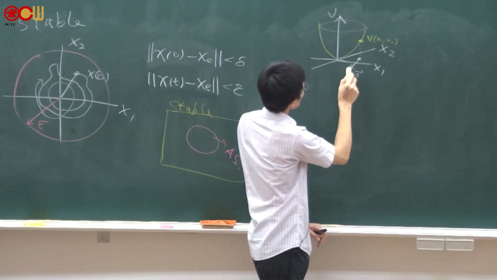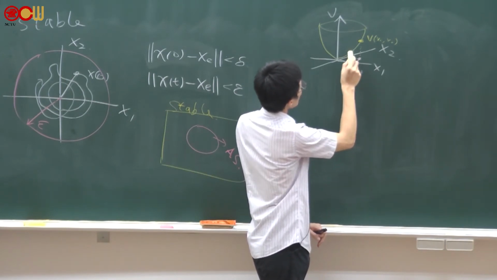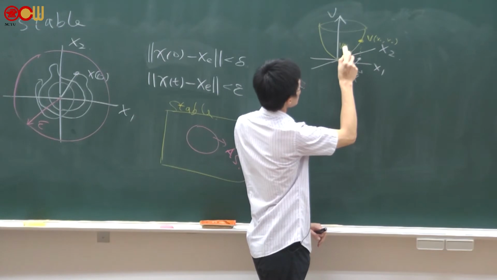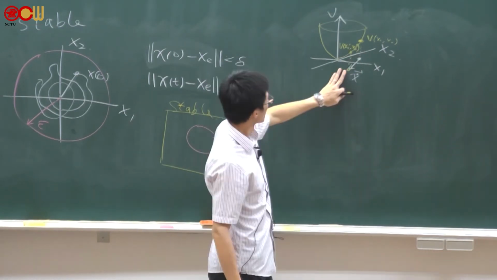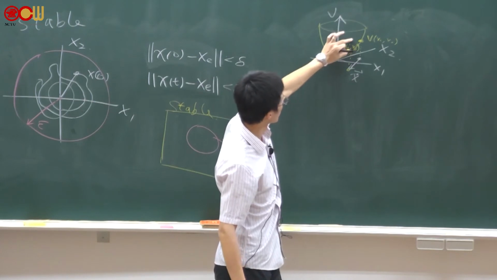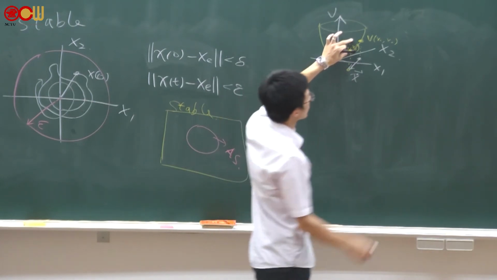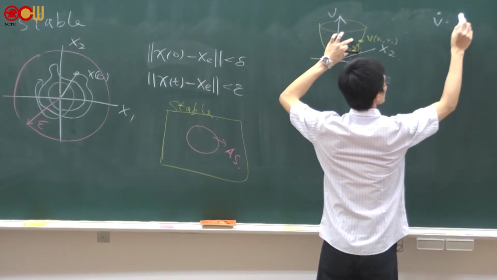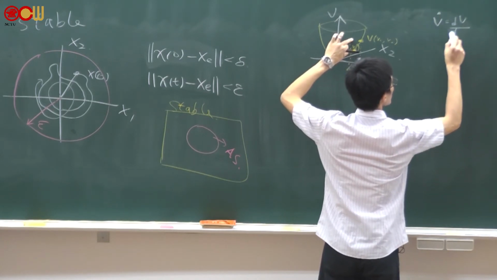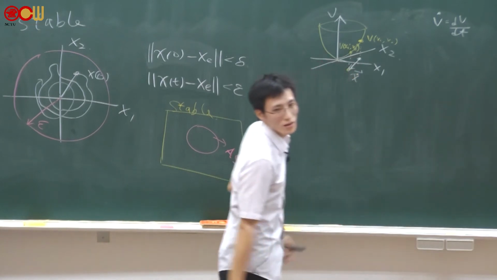And when you move to here, it's another v(x1', x2'). So how do you define the change of v? I would say, with respect to time, the change of v is v dot, right?